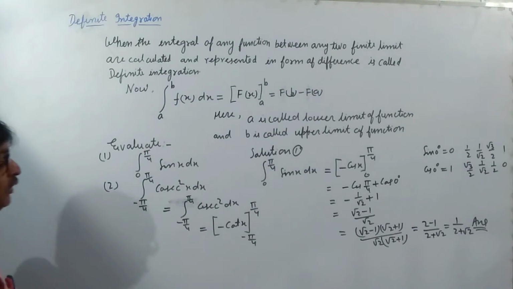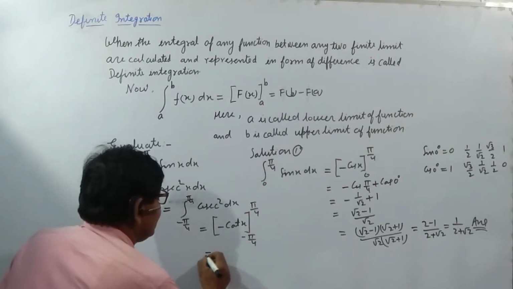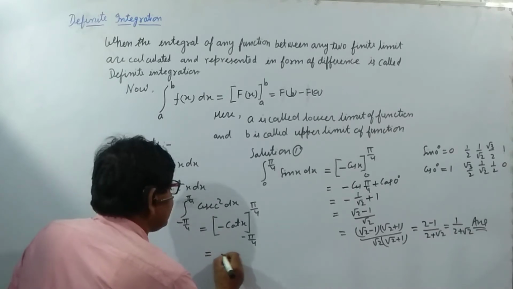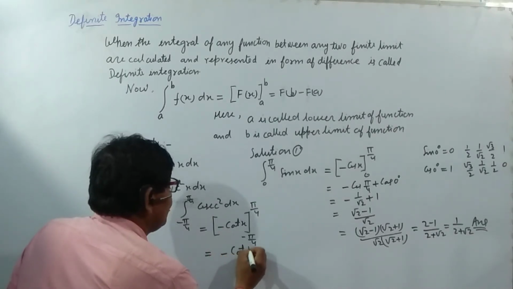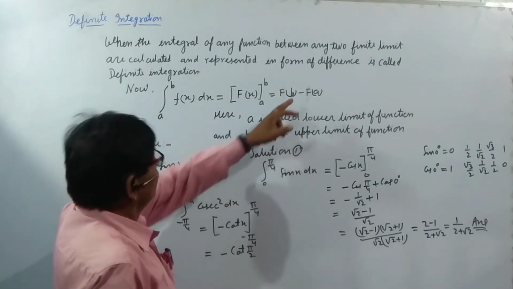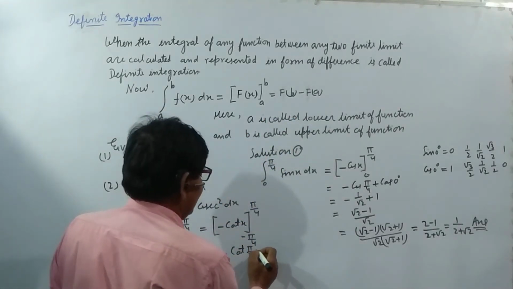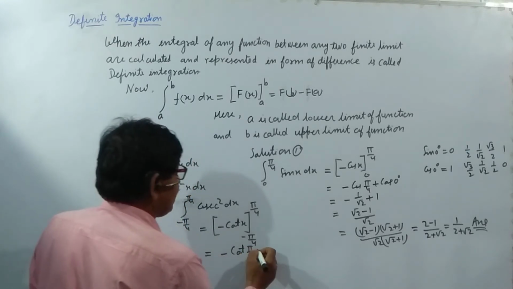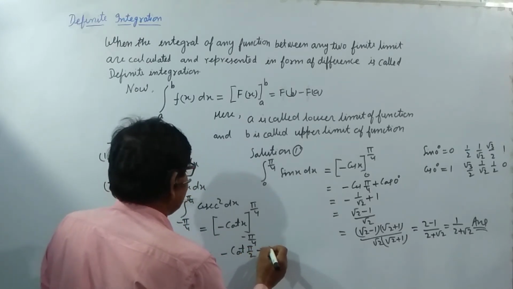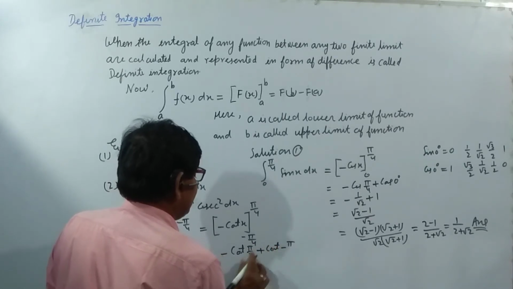Now putting the value of x, this is minus cot pi by 4, and minus minus is a plus, so plus cot of minus pi by 4.